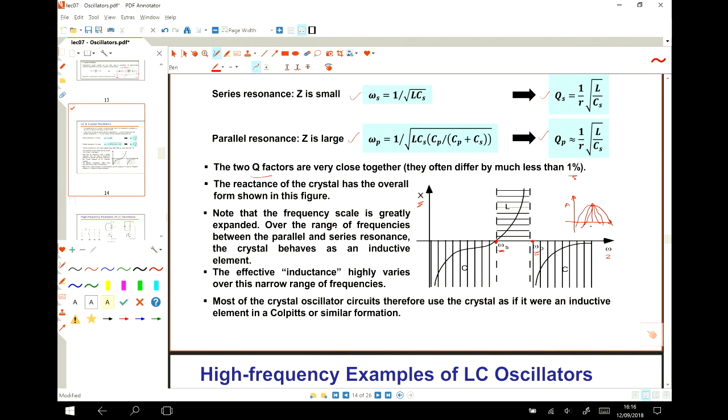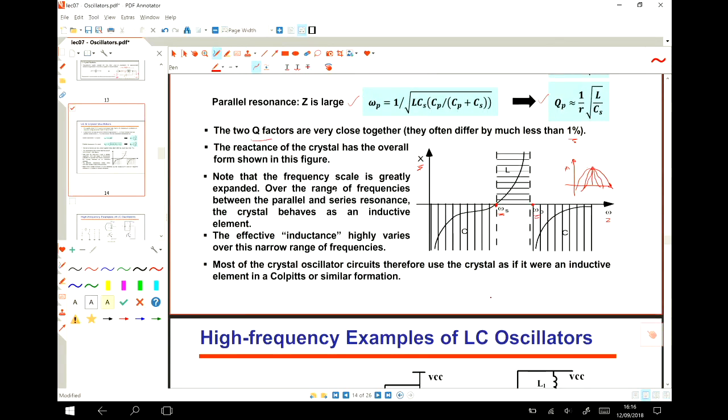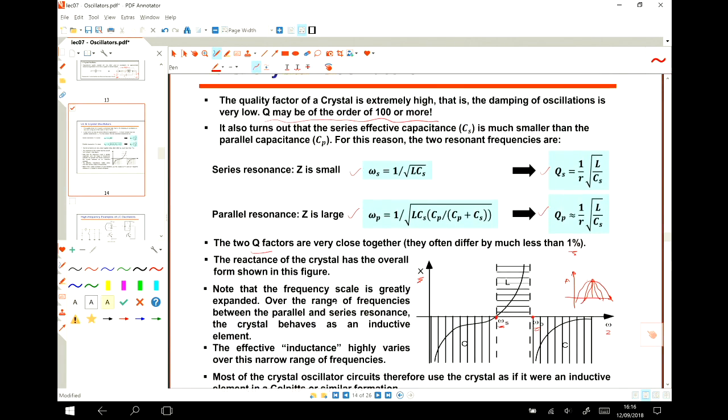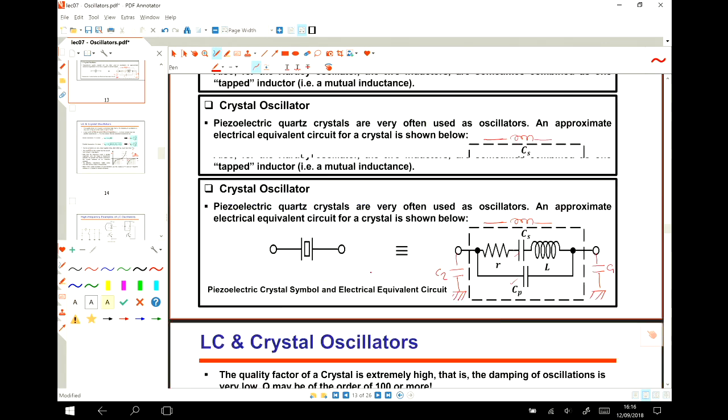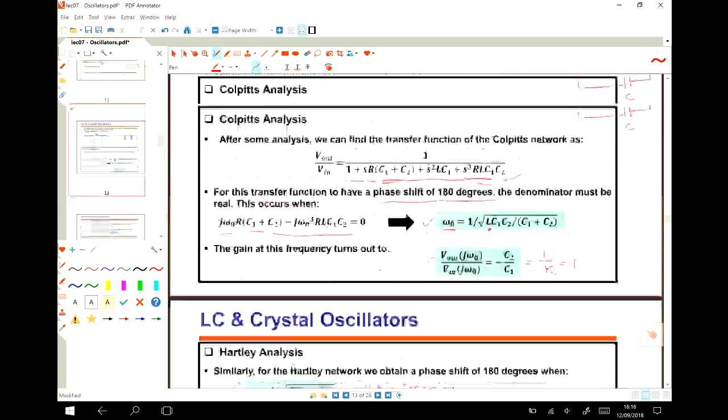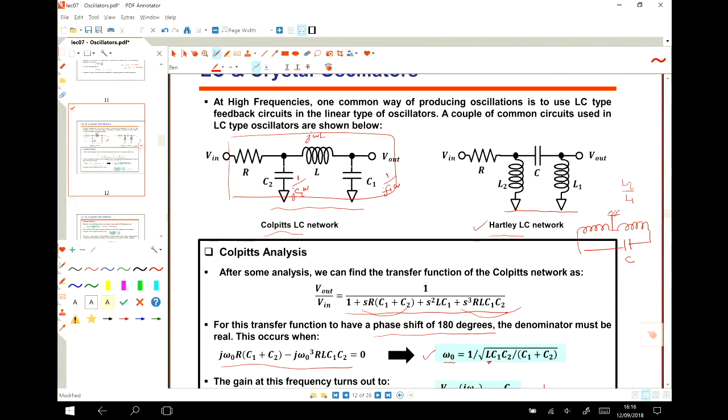Okay? So we call this the phase noise of the oscillator. So we are always interested that the phase noise of our oscillator is as low as possible. Okay? And because of that, crystal oscillators are used, because they have high Q factors in this circuit.